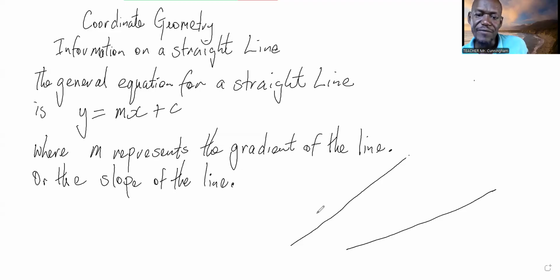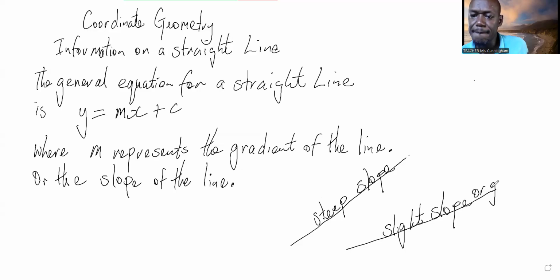So here you have a steep slope or gradient, and here you have a slight slope or gradient. Is that okay, people? I'm just explaining the word because maths is not as abstract as you think it is.